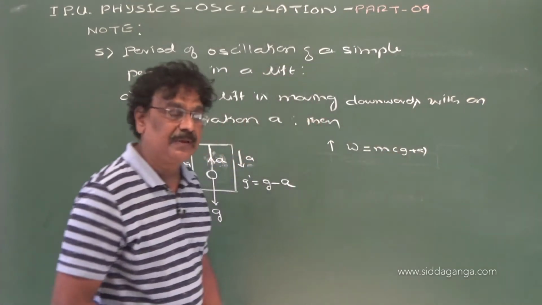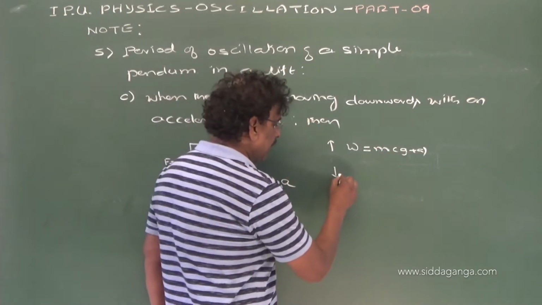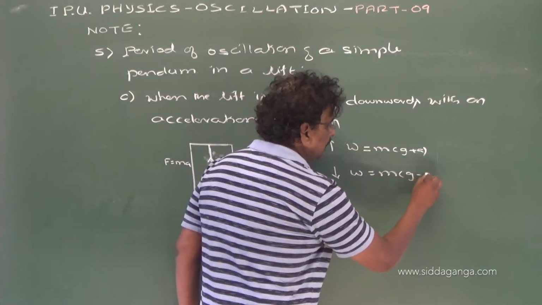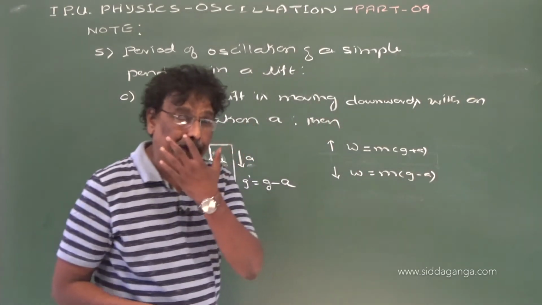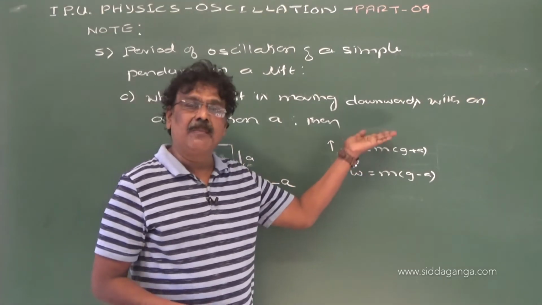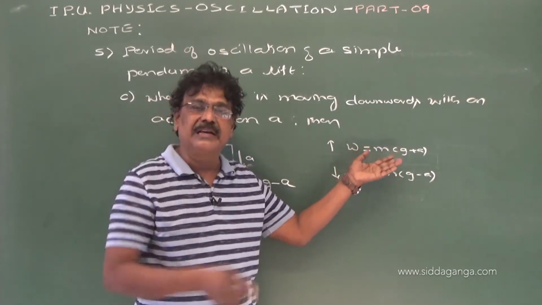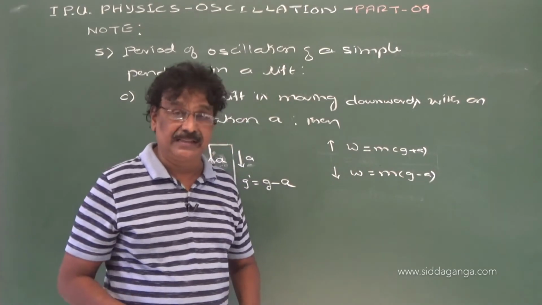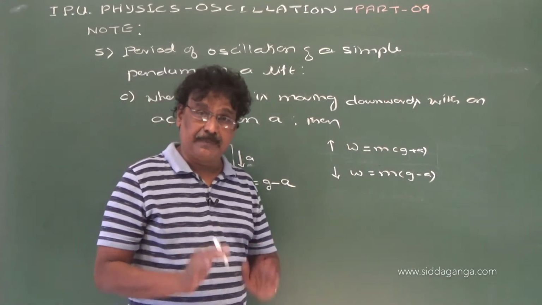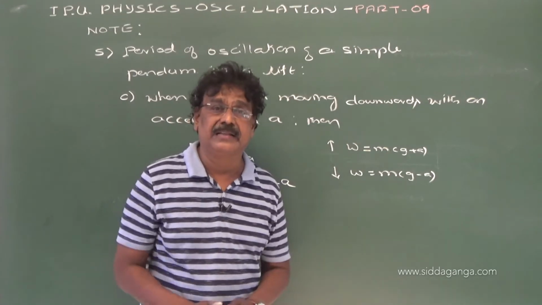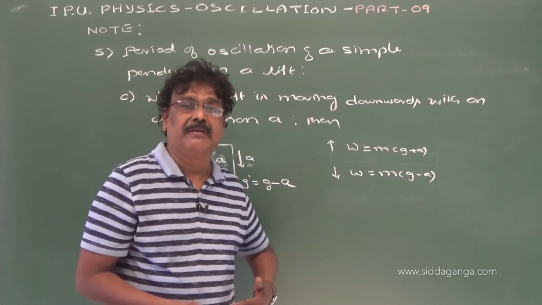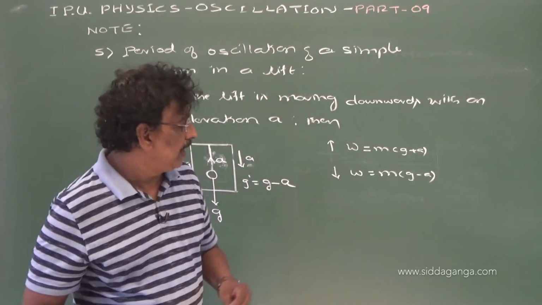When the lift is moving downwards with acceleration, our weight is equal to m into g minus a. When the lift is moving upwards, our weight appears to be increased. When it is moving downwards with acceleration, our weight appears to be decreased. That is called apparent loss of weight, and the effective weight is called apparent weight.